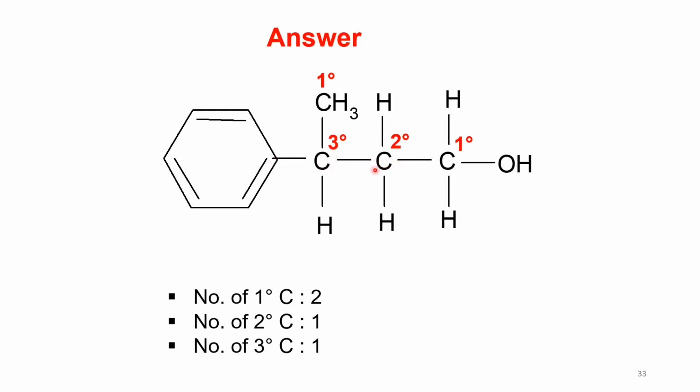And then this is a secondary carbon because it is attached to another 2 adjacent carbon atoms, and this is primary. So the number of primary carbons is 2. Referring to this structure, the number of secondary carbons is 1, and the number of tertiary carbons is 1.